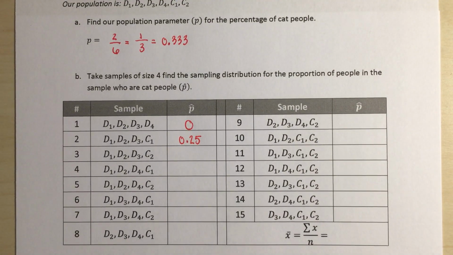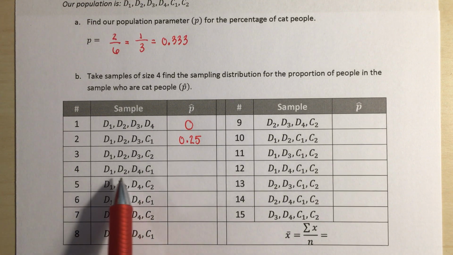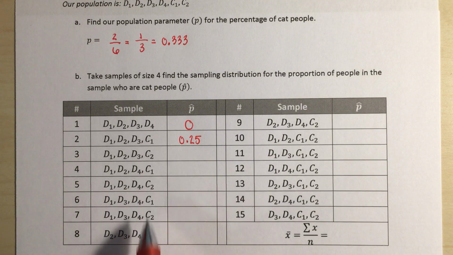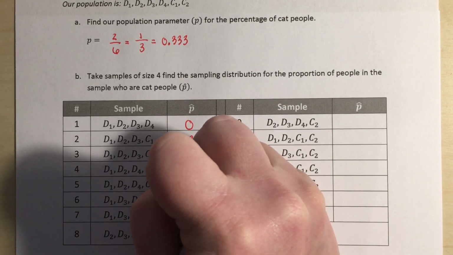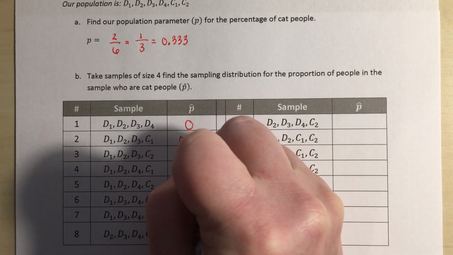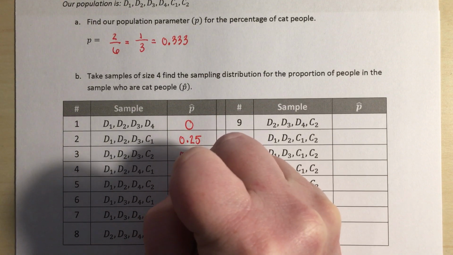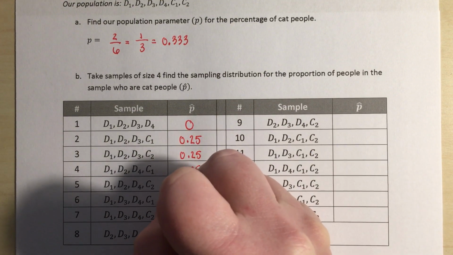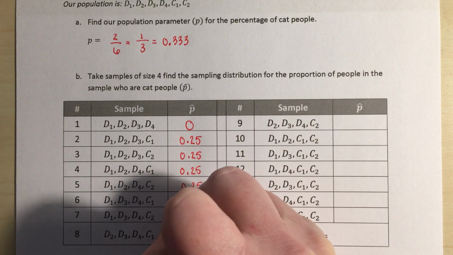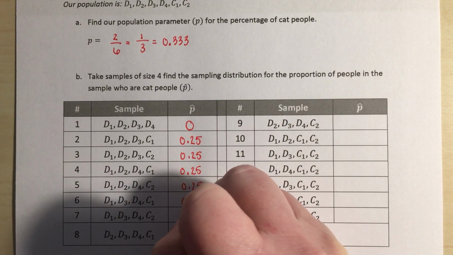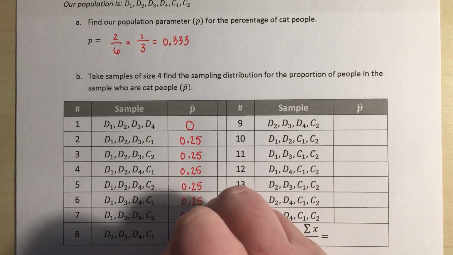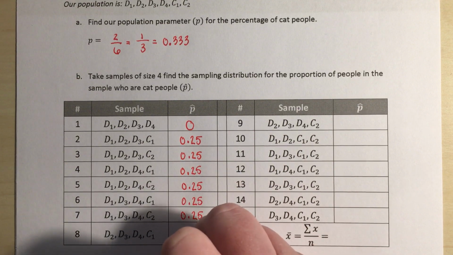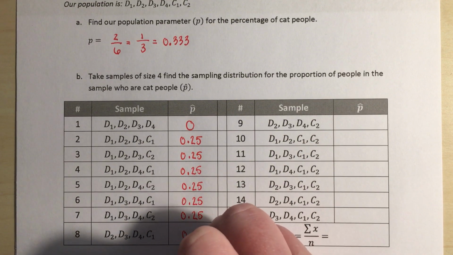If we finish off this column, notice that we have different combinations of dog people, but each time there's exactly 1 cat person. So all of the rest of these are going to be 0.25. Again, 1 out of 4 in each of these samples is a cat person.